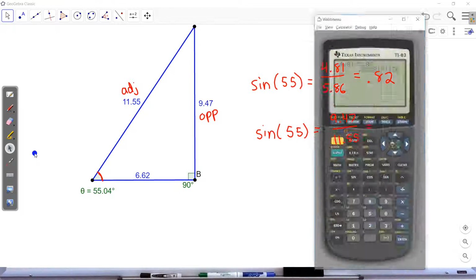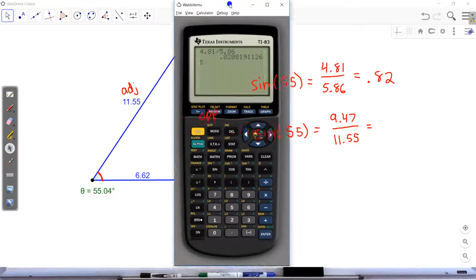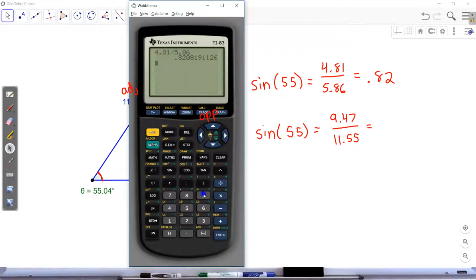So we're going to do that division again. So this is now 9.47 divided by 11.55. And you can see we get pretty much the exact same number. It's got a little round off error because the GeoGebra file isn't perfectly accurate. But you can see that is 0.8, and that 1 definitely rounds up with 2 nines to a 2.